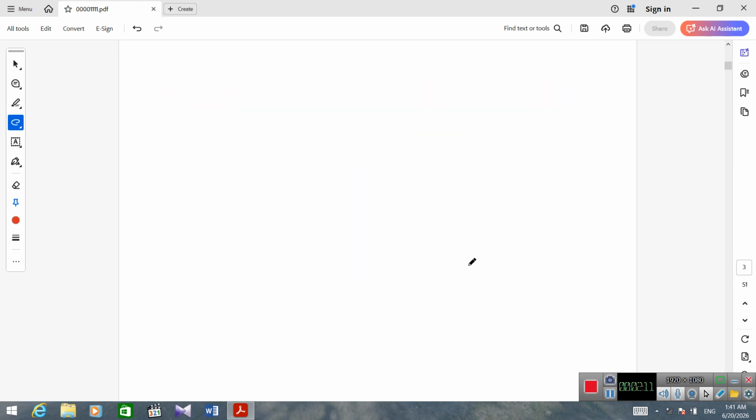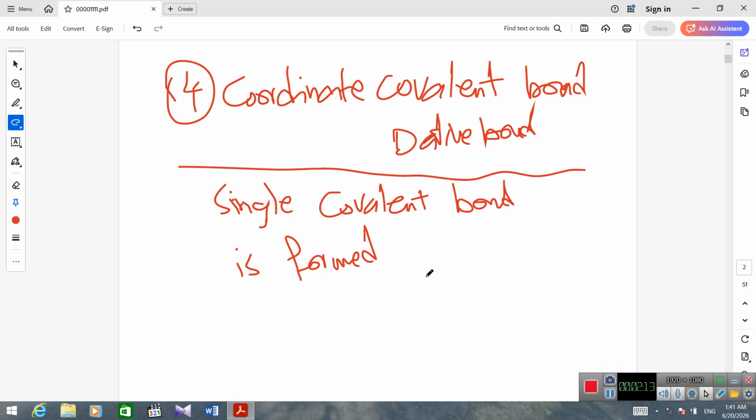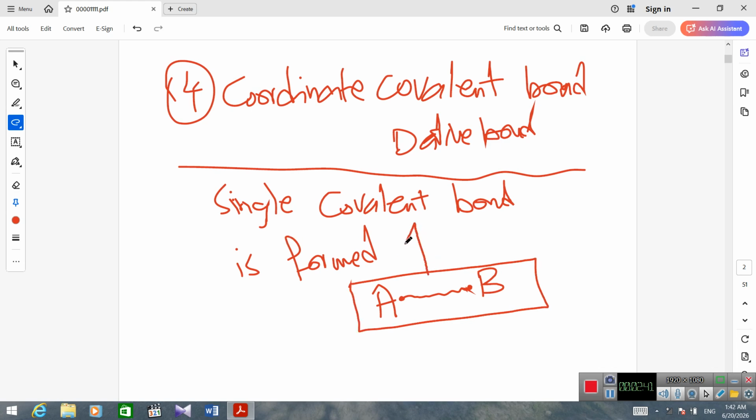For example, I can refer to atom A, for example, that has a single electron, and another atom B that has a single electron, and when two electrons are shared between two atoms, the result is called a single covalent bond.